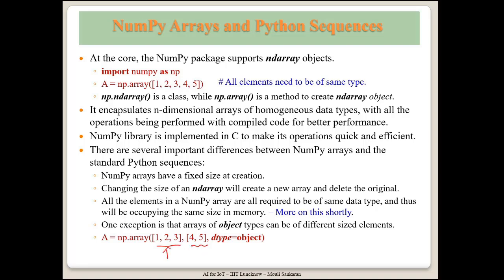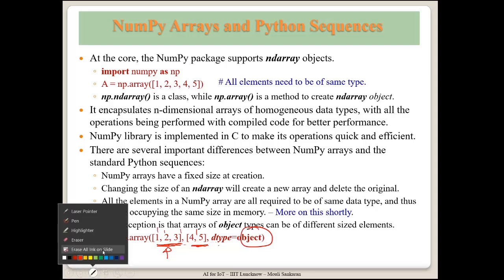So in a NumPy array normally, except for this, it does not allow you to have different sized elements in the array. Even though they are all of the same type, even if you are having integers in all, it expects that all of them are of the same length. So if the size is changing, then you need to have an object type. That we will talk about later.